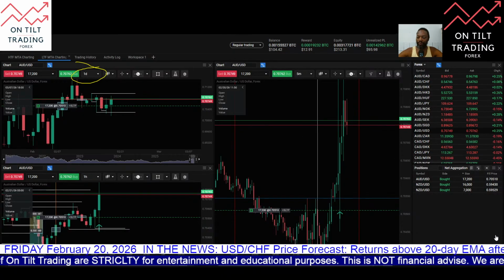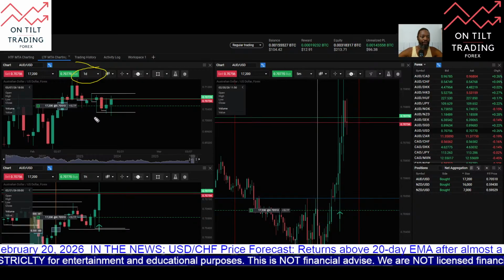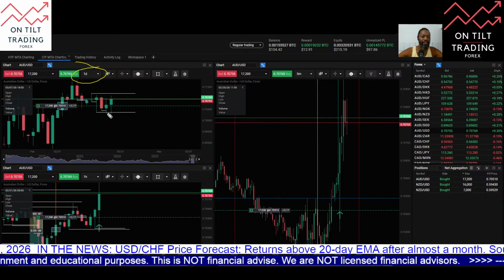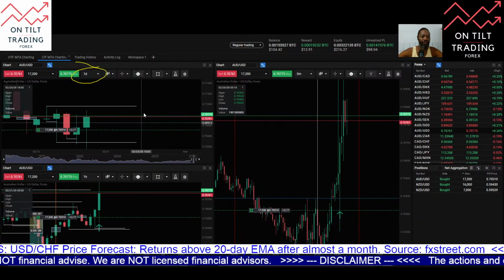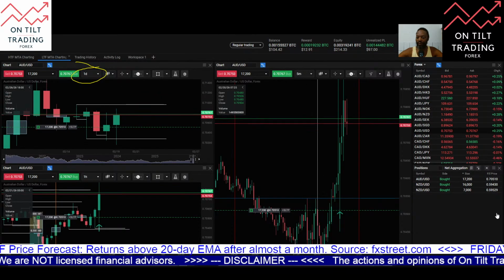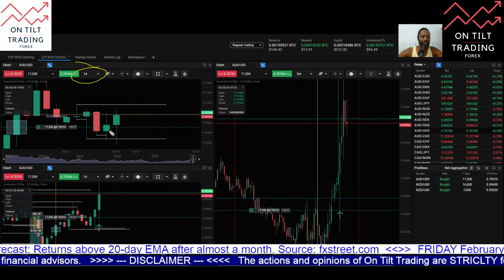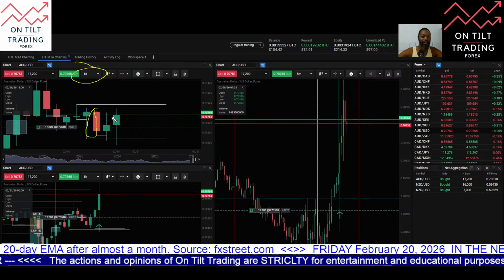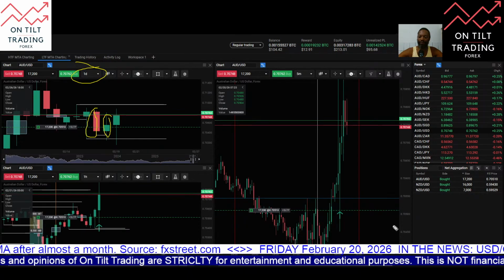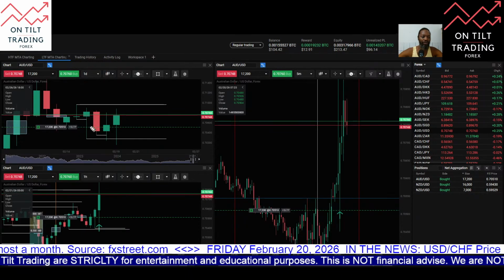So starting with Aussie dollar, first thing we have here on the daily chart is my drawn liquidity for today. Using the candle from 2 days ago and yesterday's candle, I frame my drawn liquidity.